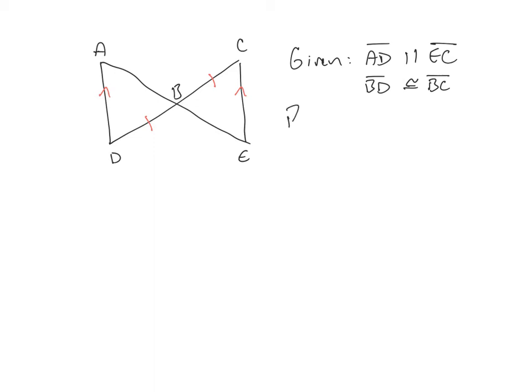Okay, and then prove those triangles are congruent. I forgot to put the triangle in there. Triangle ABD is congruent to triangle EBC.